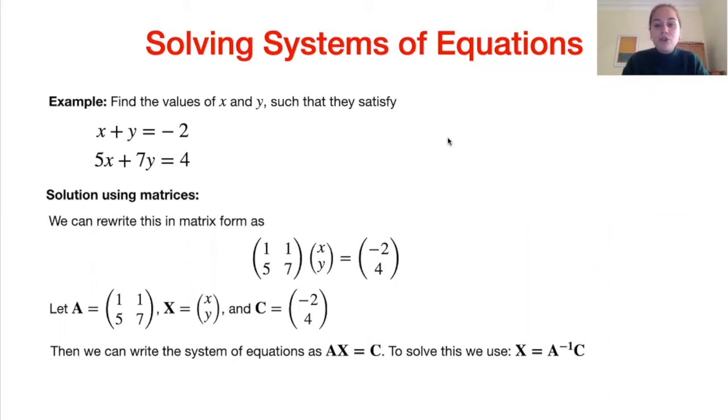Okay, so first of all, our task is to find the inverse matrix A to the -1. Well, A to the -1 is 1 over the determinant of A. So the determinant of A, if we remember, was A times D minus B times C. So in this case, we have 7 minus 5.